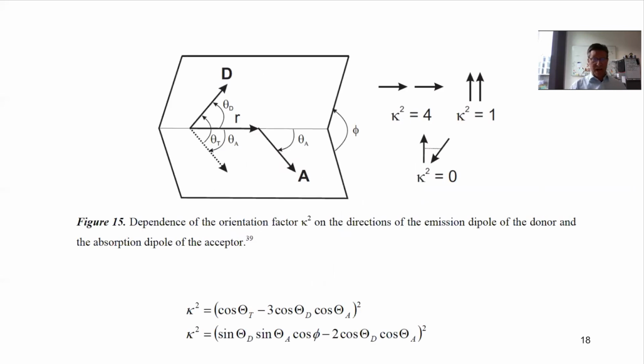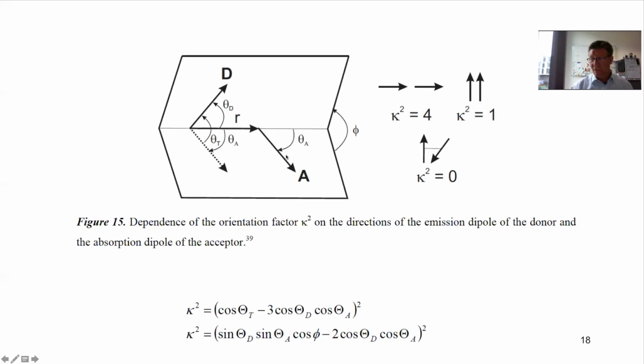This is a more abstract way, and it also shows the limits. The maximum value of this kappa is 4, and the minimum is 0. So if you have orthogonal transition dipole moments, then in principle, there can be no energy transfer unless there's vibrational coupling. Here we see the intersecting line and the different angles that are displayed.